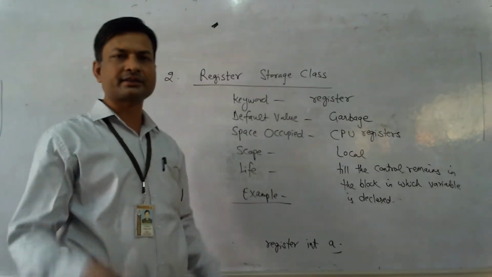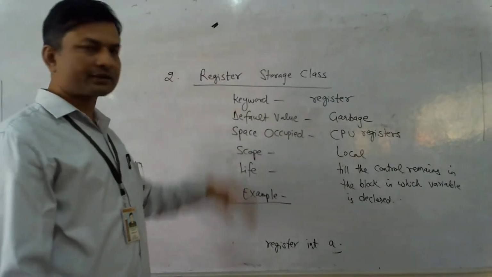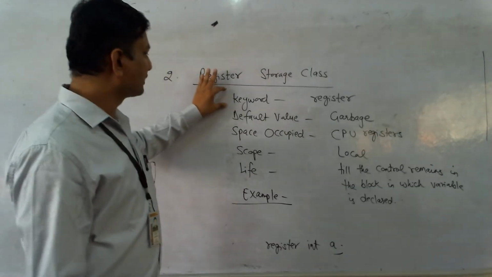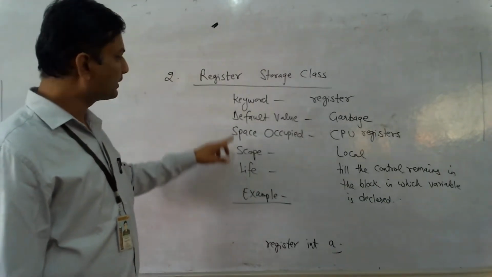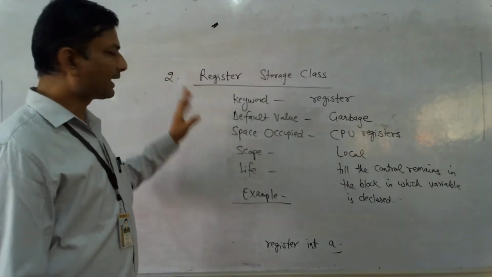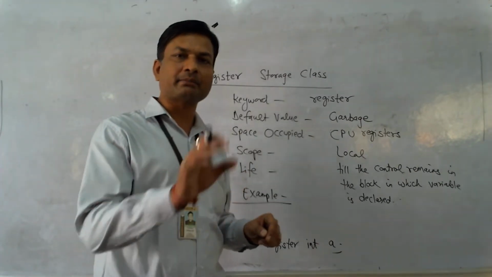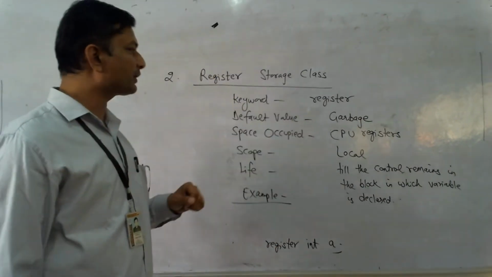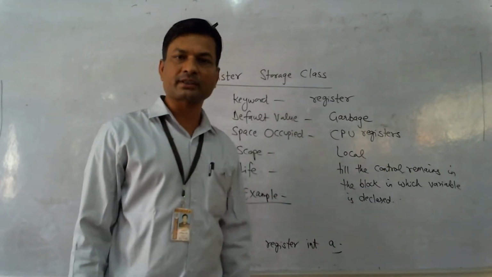Obviously, the keyword is different for the automatic storage class and different for the register storage class. So, all the features are the same except the space. According to the automatic storage class, the variable will occupy space in memory. But according to the register storage class, that variable will occupy space in CPU registers.